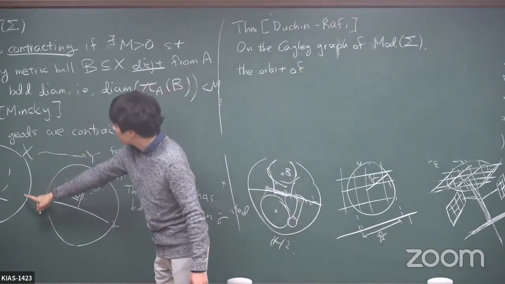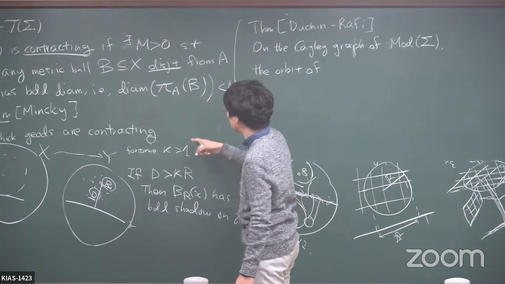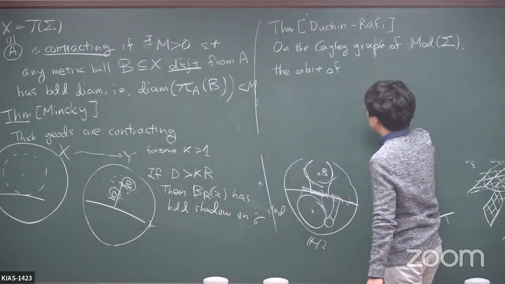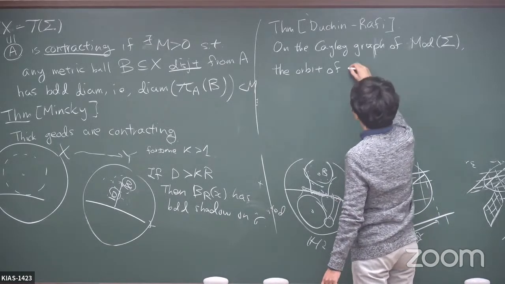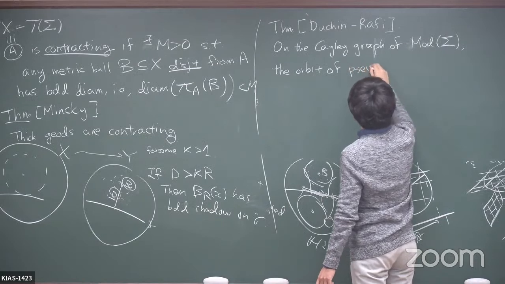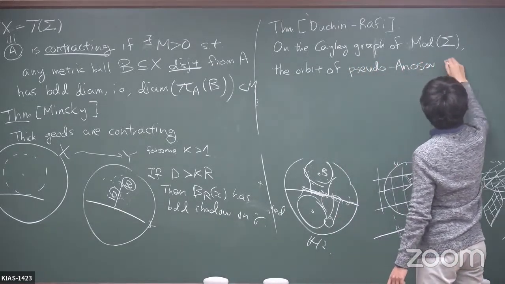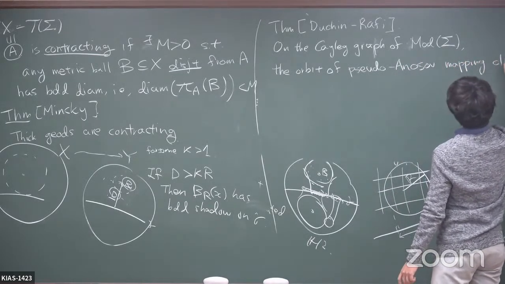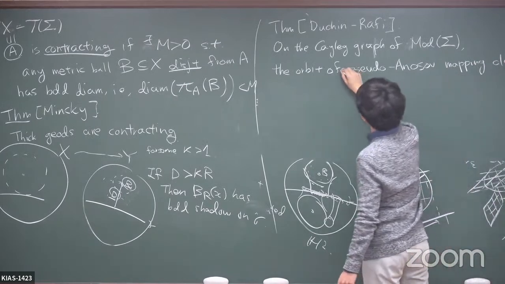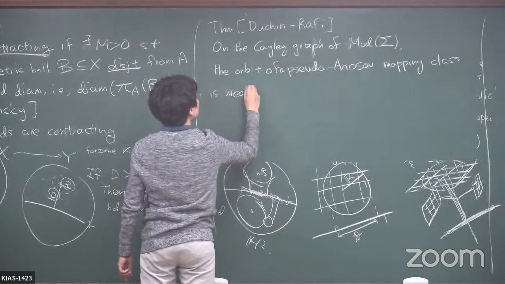For this property, I will say contracting, and for this property, I will say weakly contracting, and I will spell out the definition here.